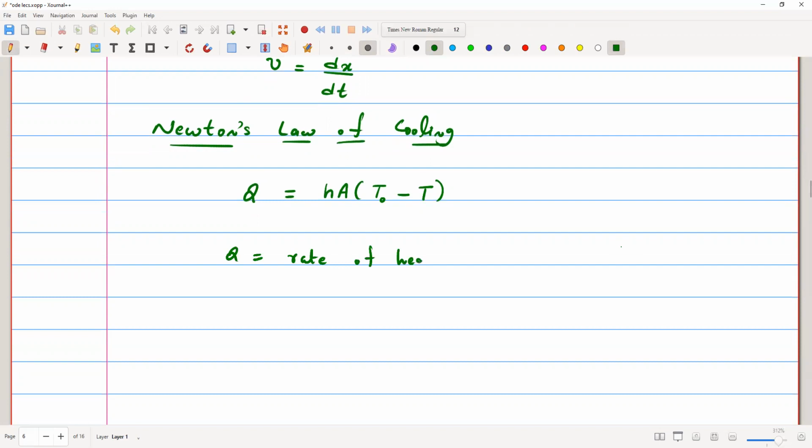So consider a phenomenon where a small solid ball of some mass m and with some radius is at some initial temperature.